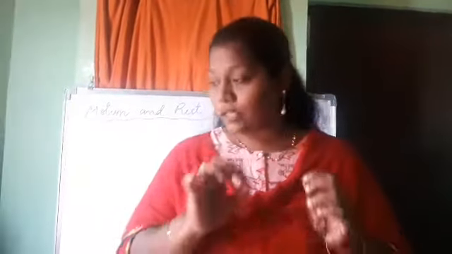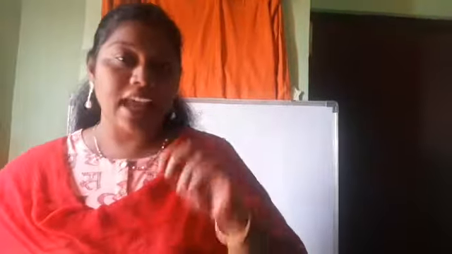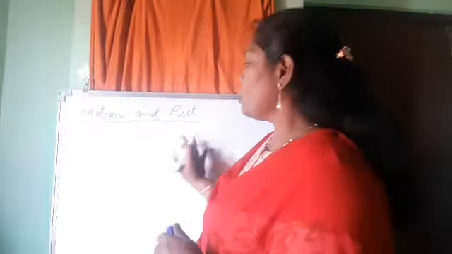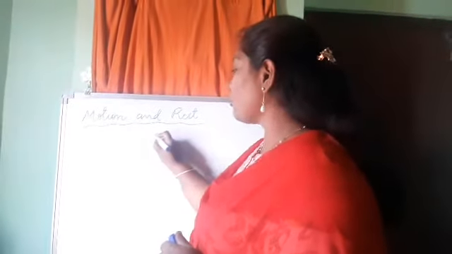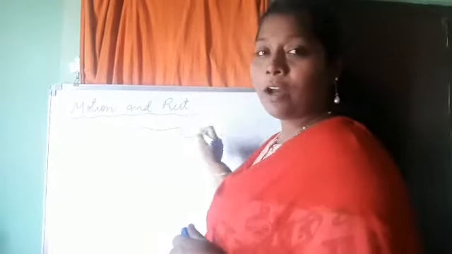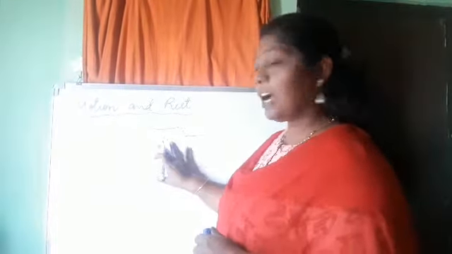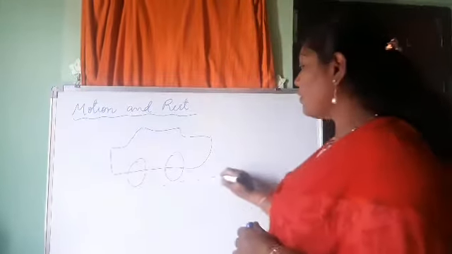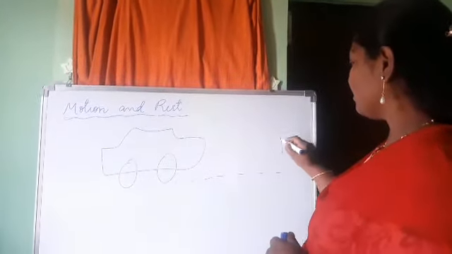Yes. Here we have to talk about two important points. That is the motion and the rest. So, when the car is traveling from one place to another place, see here, the car is right now here. After a few minutes, it is here.